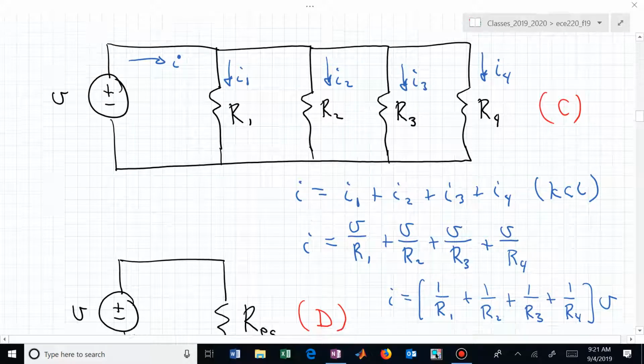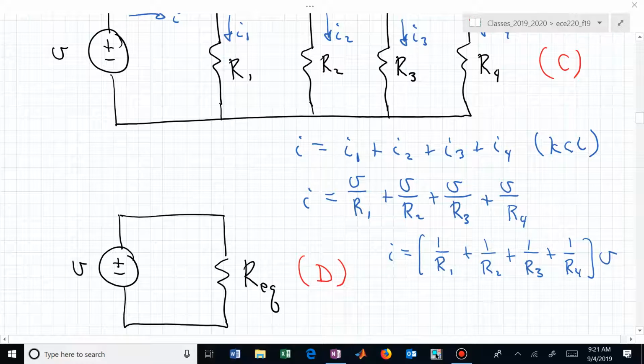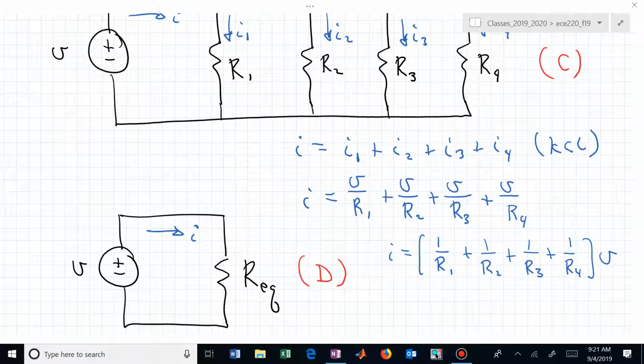If we compare then circuit C with circuit D, if that's to be an equivalent circuit, then we would want this I to be the same as the current I coming out of the voltage source in circuit C. And this equivalent circuit, circuit D, is a direct application of Ohm's law.